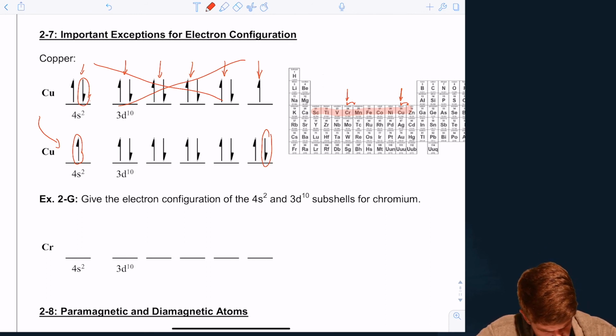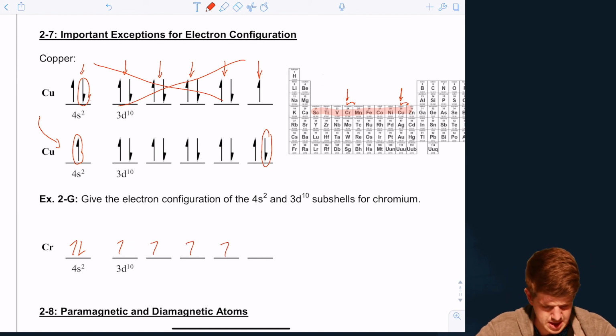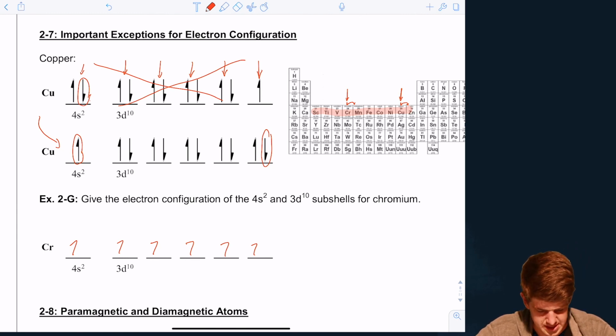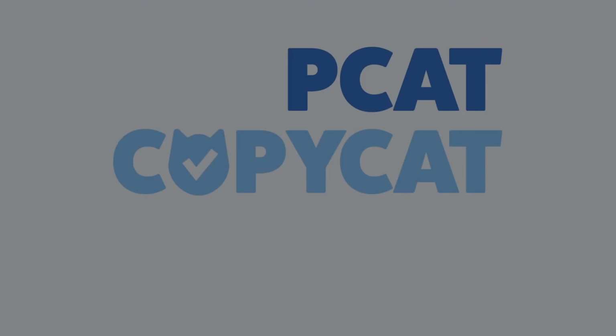So what it normally would look like before we take that into consideration would be this: four electrons, one in each of the first four orbitals of the d block, and then we have our 4s2 filled. But we'll just take one of these electrons out and move it over to the d block, and that is chromium in a more stable state.